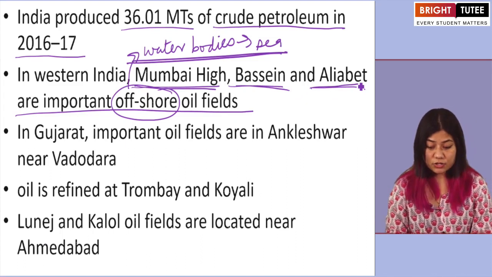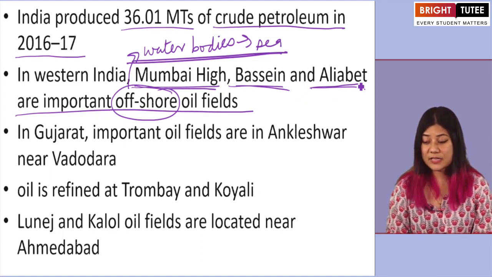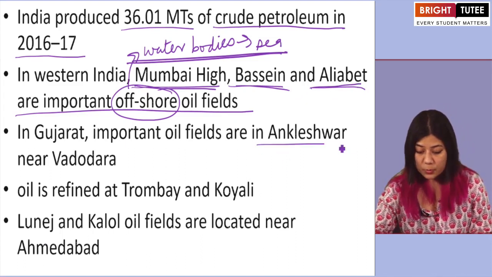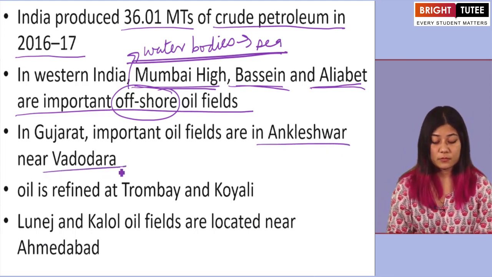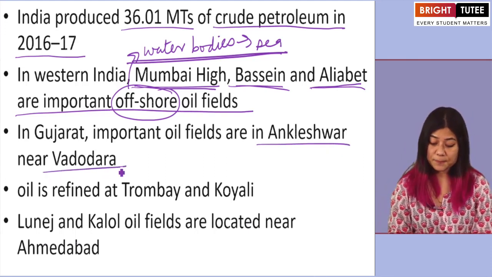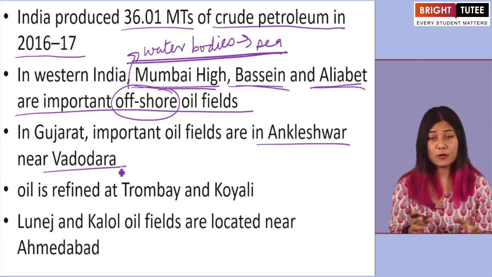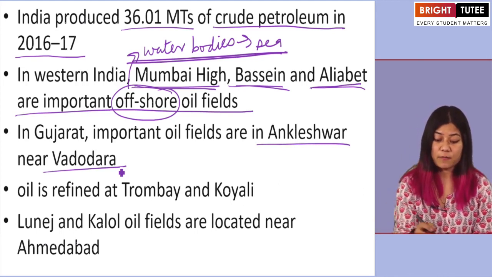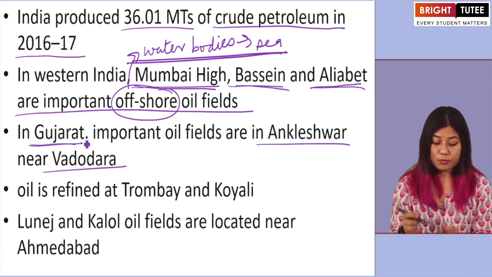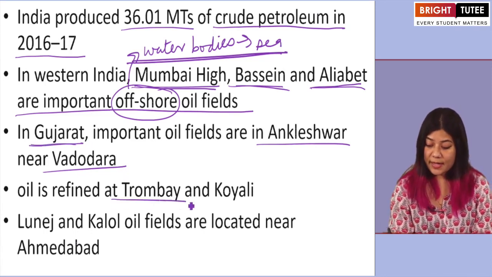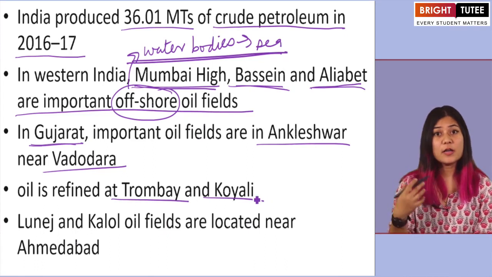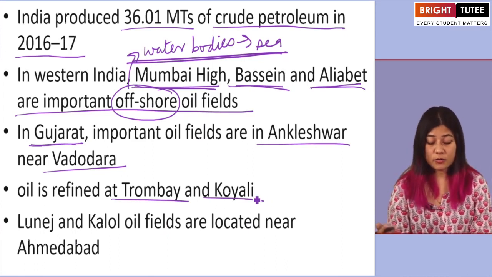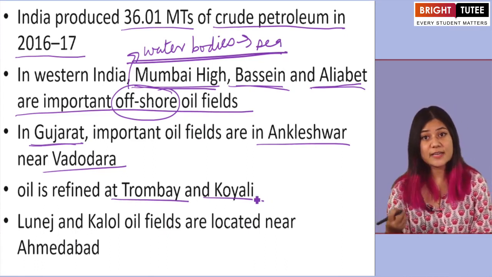In Gujarat, the important oil fields are in Ankleshwar near Vadodara. And the crude oil that we get from these parts of our country is brought to Trombay and Koyali for refining.